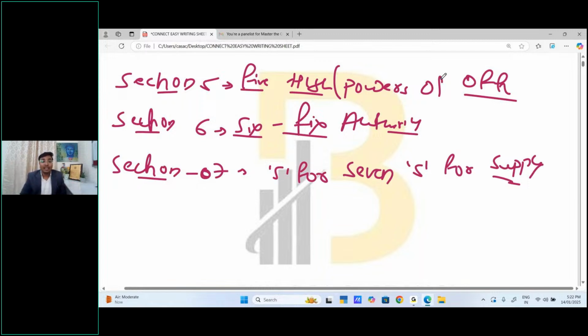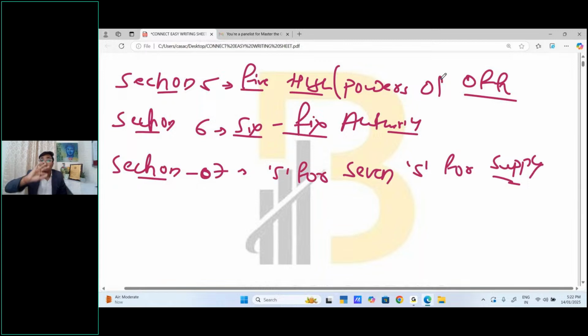Now the question is whether that supply will be treated as supply of goods or supply of services. For that purpose, they have given a detailed Schedule number 2, which includes multiple activities and defines what is supply of services and what is supply of goods. But I have one golden principle for that as well.